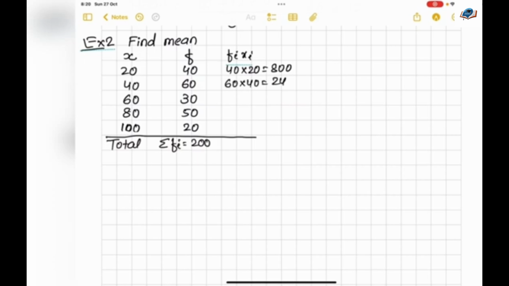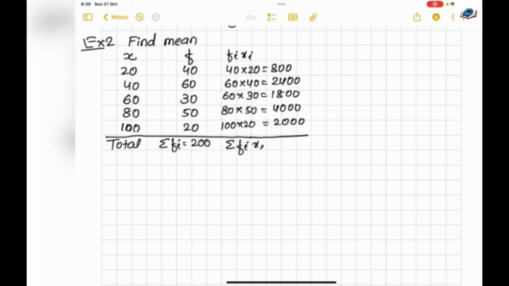Then 60 into 30, so 1800. 80 into 50, so that will be 4000. And 100 into 20, so that will be 2000. Now we will be adding them also, which we call sigma fi xi, that is summation of fi xi. So this is coming as 11,000.